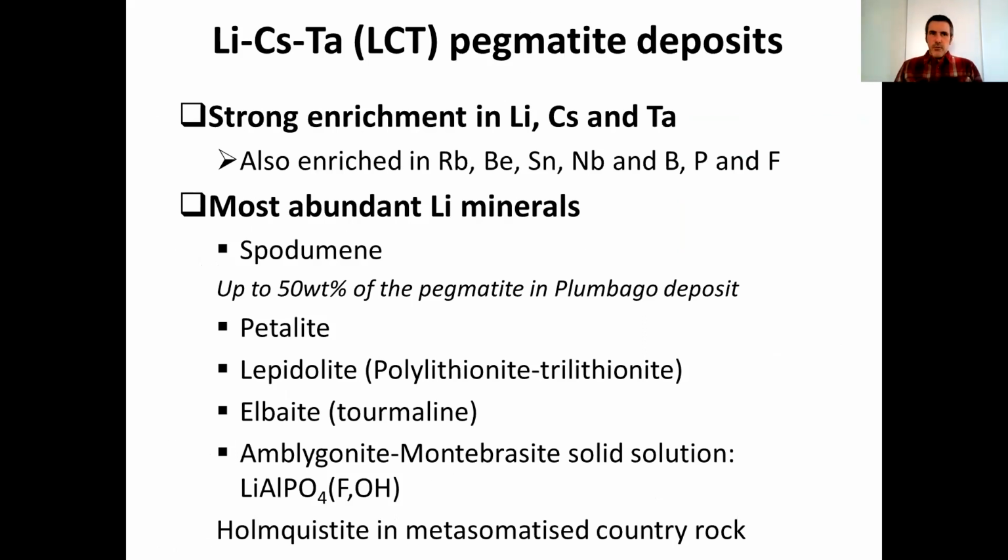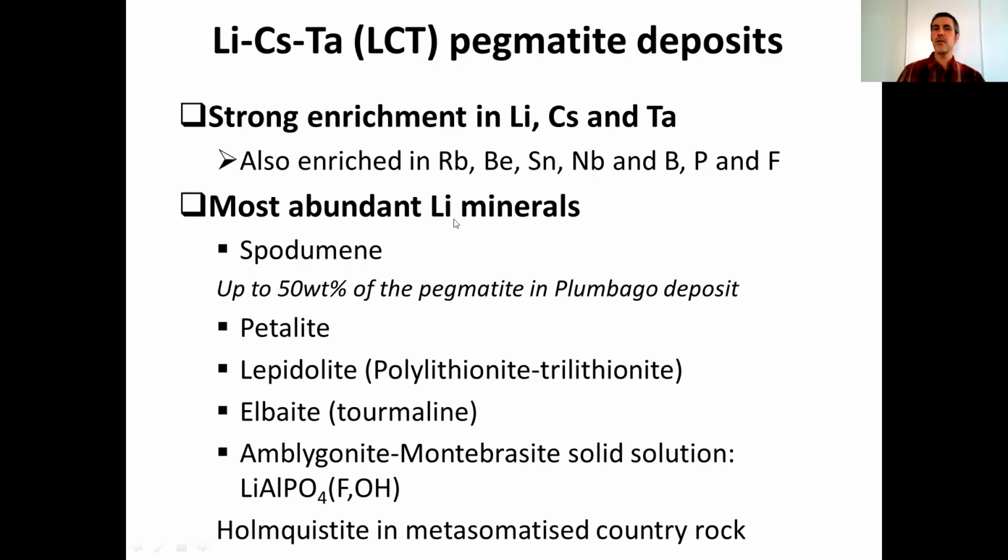In detail, the LCT pegmatite deposits show strong enrichment in lithium, cesium, and tantalum, but they are also enriched in rubidium, beryllium, tin, and niobium. They have also significant enrichments in boron, phosphorus, and fluorine.